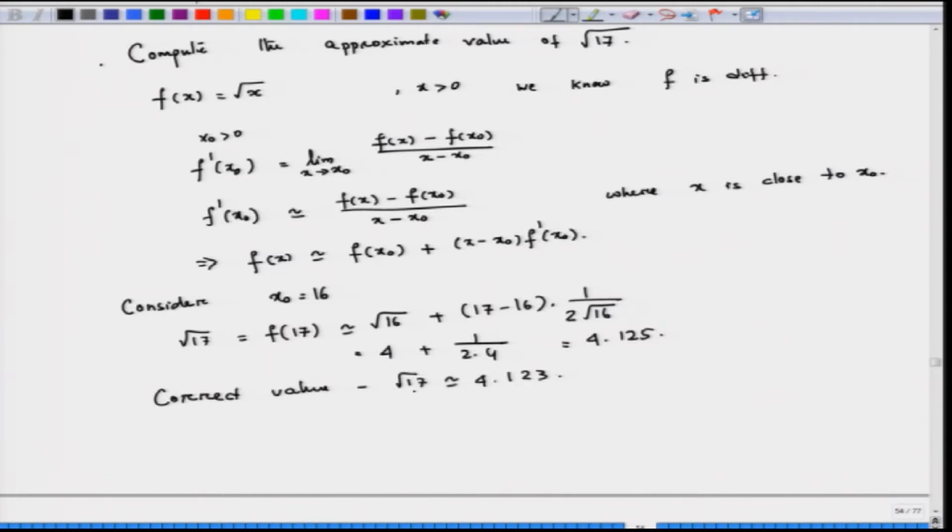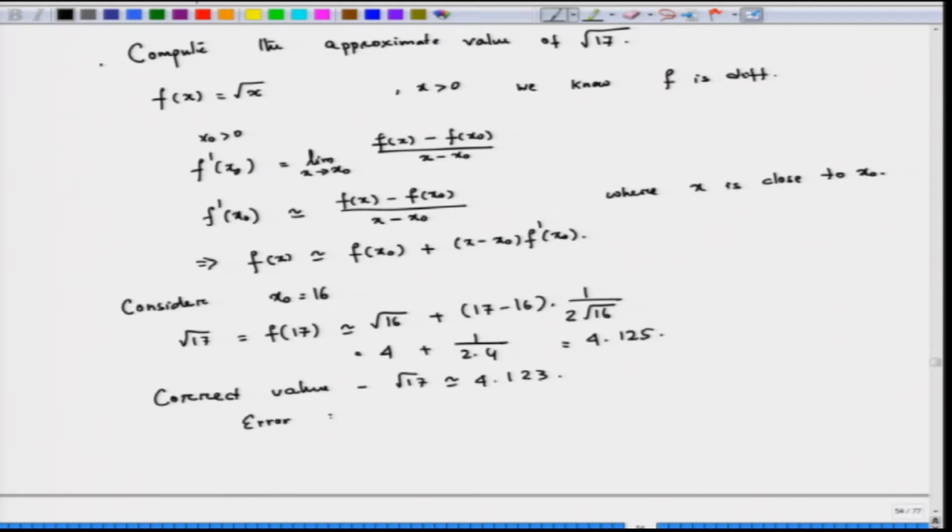So, that means by taking x naught to be 16, we are very close to square root of 17, and the error we are considering is 0.002, which is a very marginal error even if we consider our starting point to be 16.